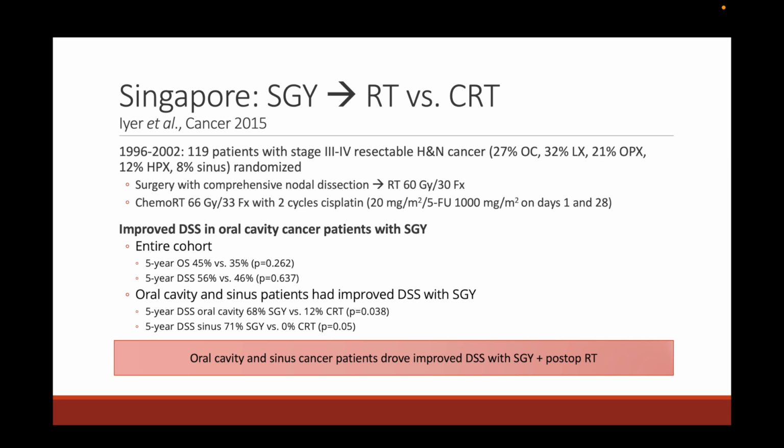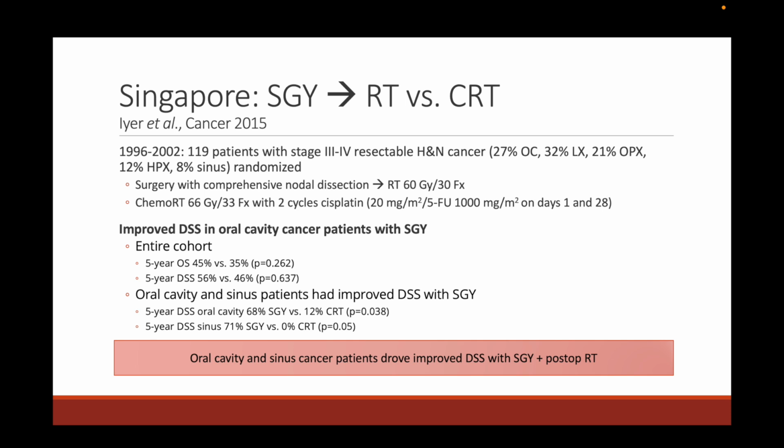In terms of the oral cavity and the sinus patients, however, those patients did have improved disease-specific survival with surgery. The 5-year disease-specific survival for the oral cavity patients was 68% with surgery versus only 12% with chemoradiation. And for sinus, it was 71% with surgery versus 0% with chemoradiation.